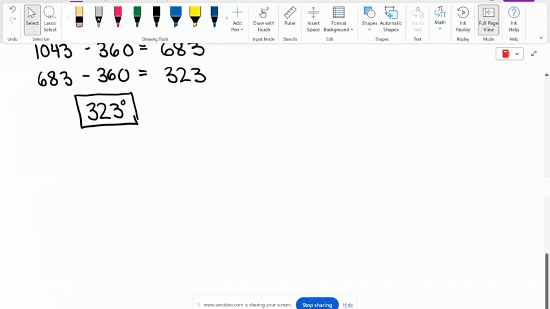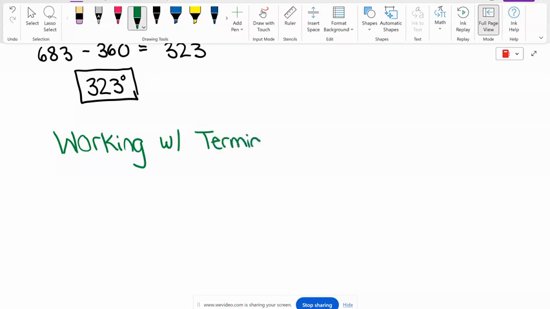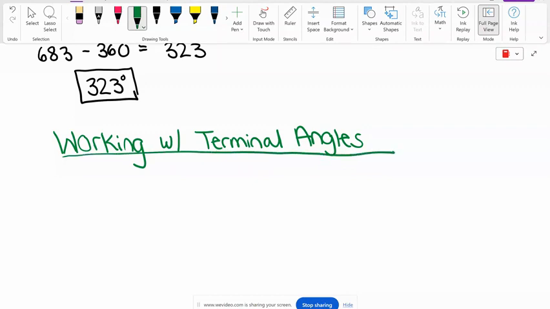All right. So now we're going to be working with terminal angles. All right, when we're working with terminal angles, this is going to be our process every time.